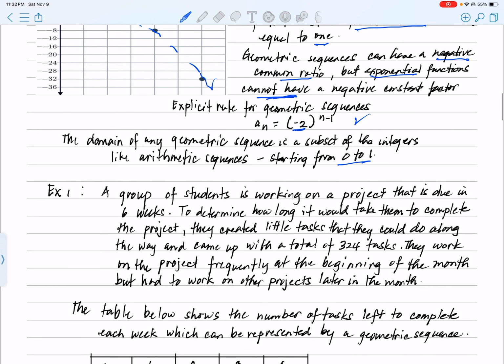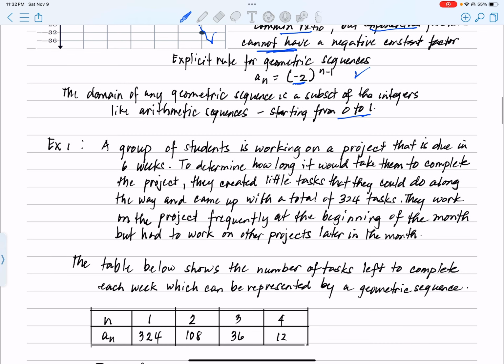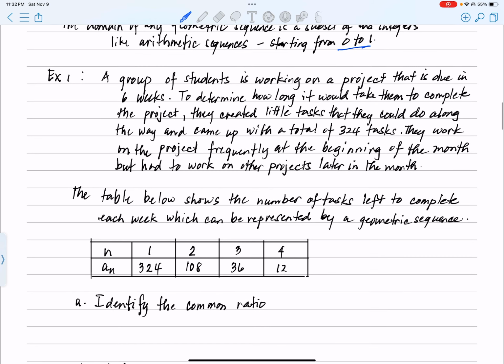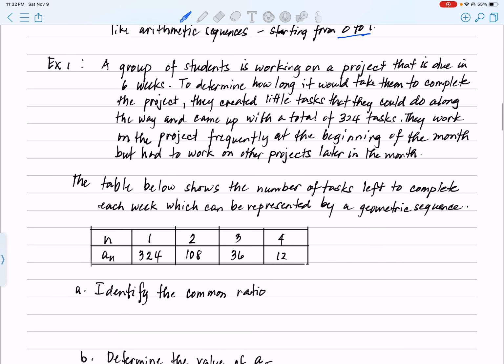All right, let's have this problem so that we could fully understand what we are talking about. A group of students is working on a project that is due in 6 weeks. To determine how long it will take them to complete the project, they created little tasks that they could do along the way and came up with a total of 324 tasks.